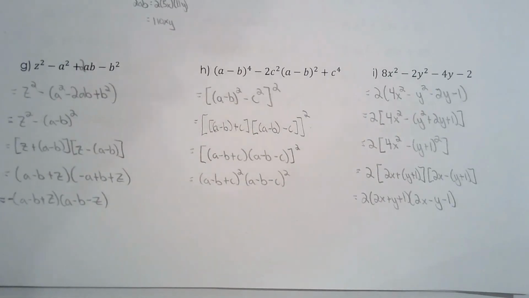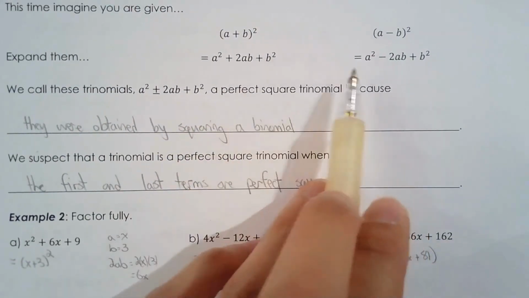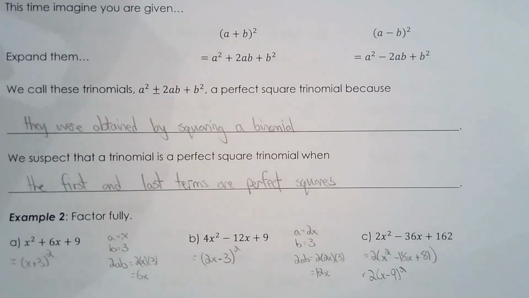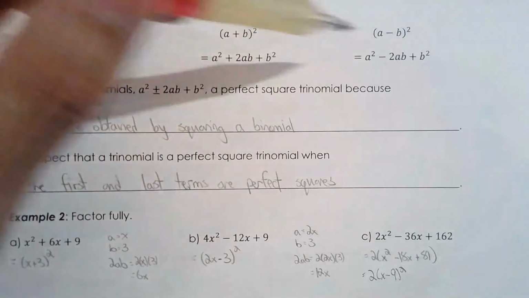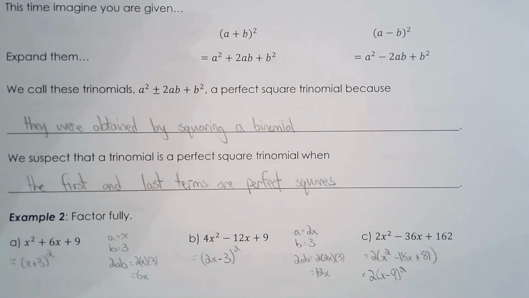So that expression is very special. And these two expressions are also very special because they're called perfect square trinomials. The only way to obtain these two trinomials is by squaring a binomial. Hopefully you understand what makes these expressions so special, and that will really help you when it comes to factoring them.